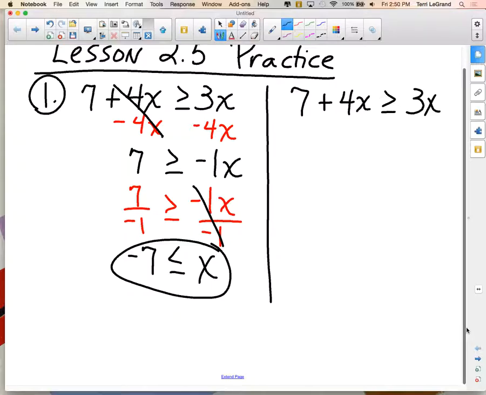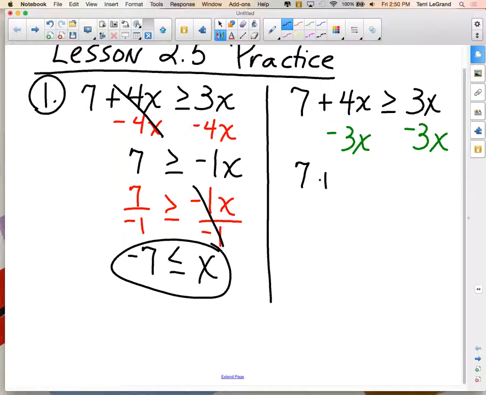But the other way we have is, maybe you're the kind of person like, I actually like the variable term on the left side. Always. Whether it's an equation, an inequality, no matter what it is, for some reason I just like it on the left side. So I say, I'm going to get those x's off the right side so that they're over on the left side instead.